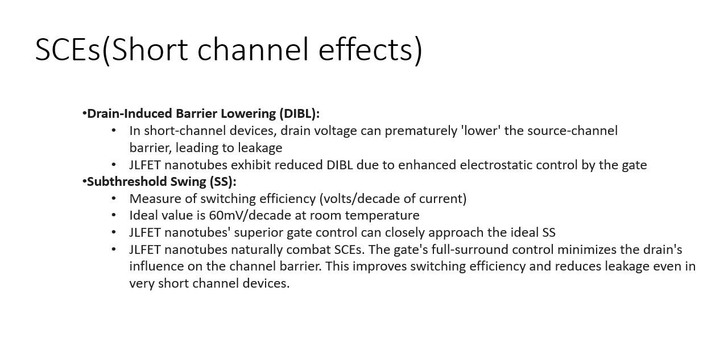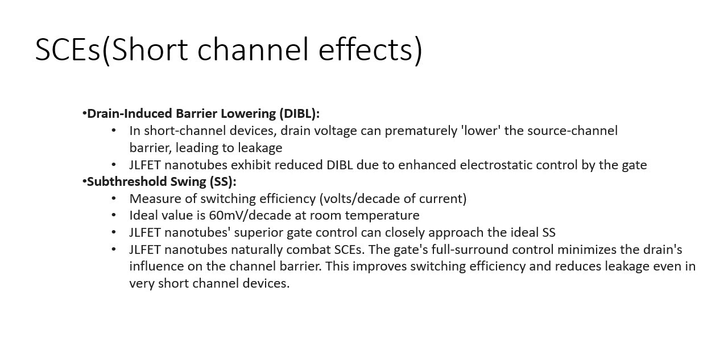Now, if we scale down the device to 7 nanometer or below 10 nanometer, the switching efficiency is still maintained at 10 raised to the power 8 or 9, which is very good as compared to silicon nanowire devices.